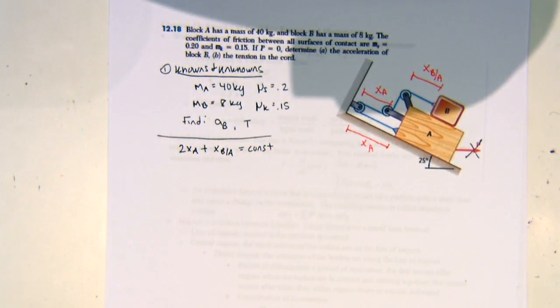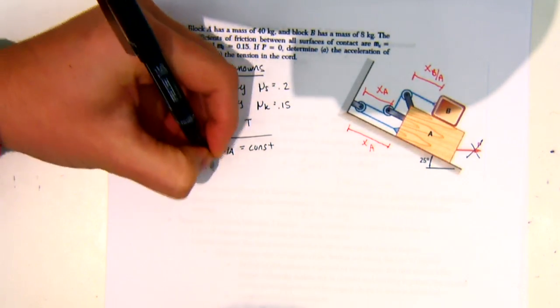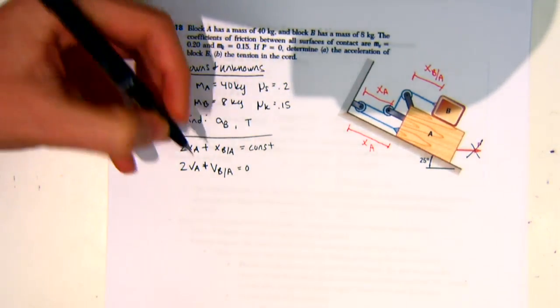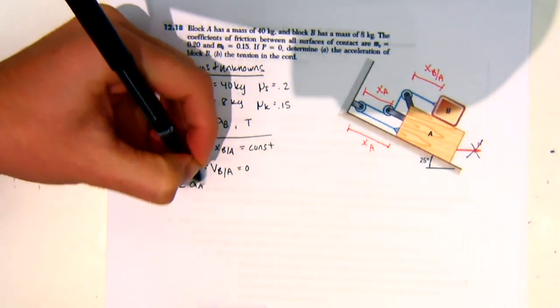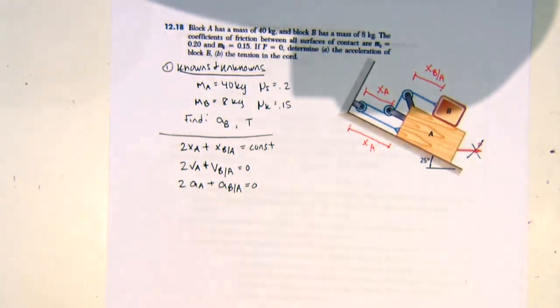Agreed? So if I take the derivative of this, I could say that 2VA plus VB relative to A is equal to 0. And I can say that 2 times the acceleration of A plus the acceleration of B relative to A is also equal to 0.